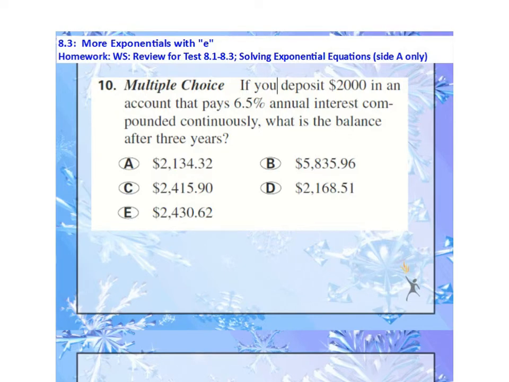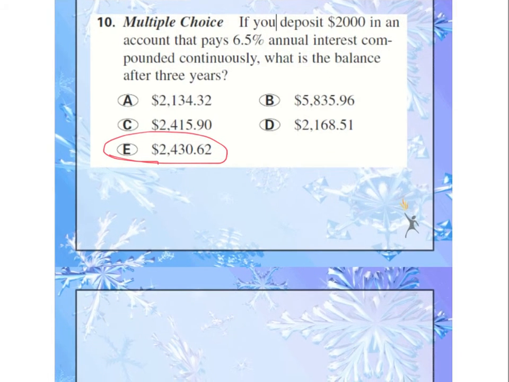Okay, number 10. The answer is E. You definitely need a calculator for this one. Because it says compounding continuously, that is the equation you learned on Friday with P times e to the rt.